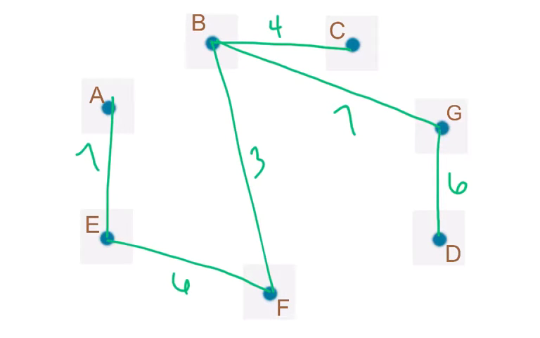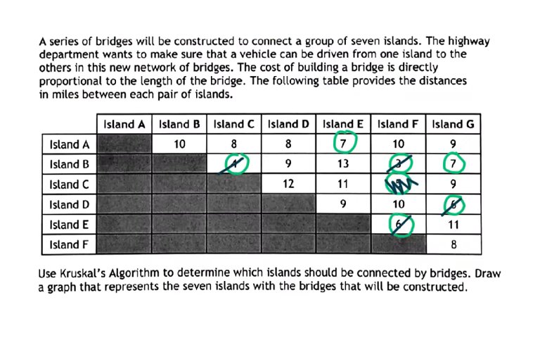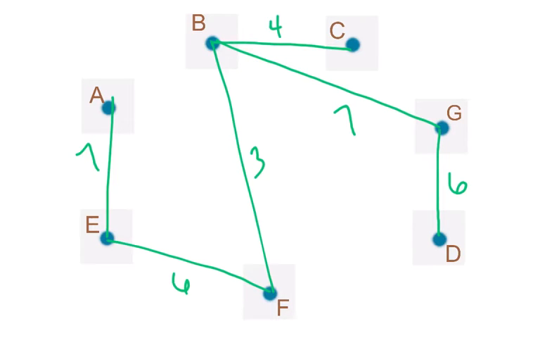That means we have created the minimal spanning tree for this chart by using Kruskal's algorithm. And here's the grid. And the solution for this minimal spanning tree is 33. Now that represents the miles that each bridge covers between the islands.